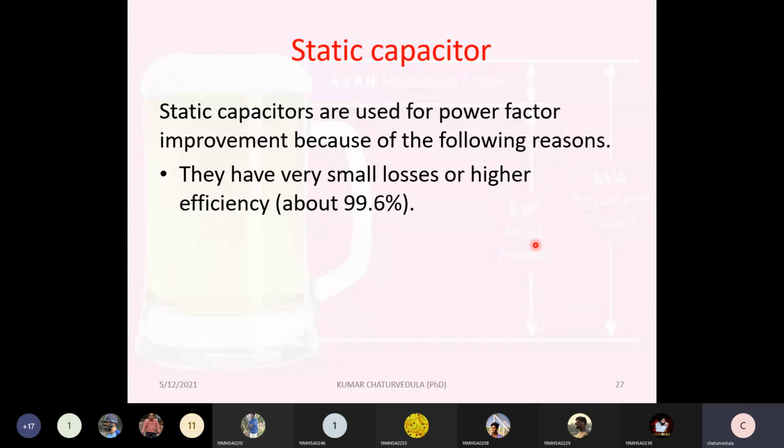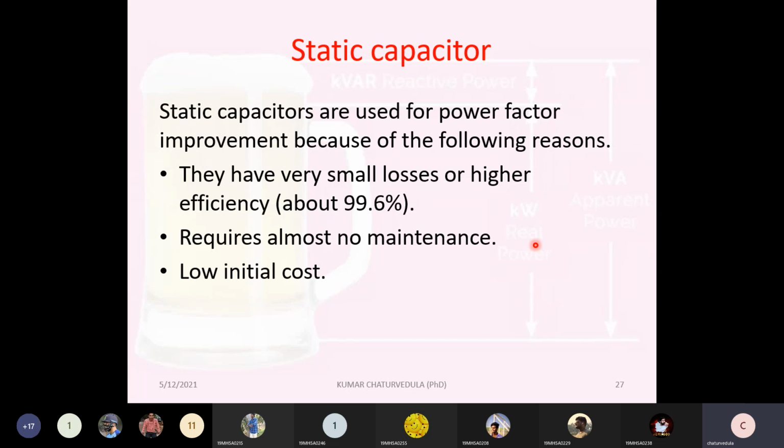Static capacitors have very small losses and higher efficiency. The efficiency of a static capacitor is around 99 percent. And there is almost no maintenance because there are no running parts in static capacitors.